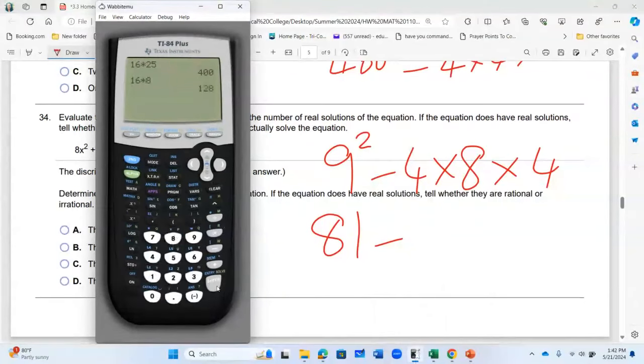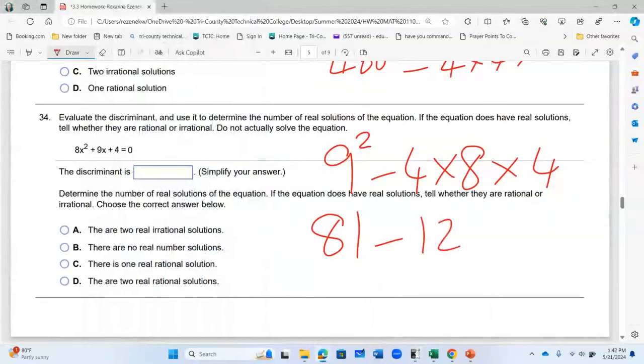So 16 minus 128, you already know that the value inside the radical sign is negative. Therefore, you have two imaginary solutions. I hope you agree. If you subtract 128 from 81, you have a negative.